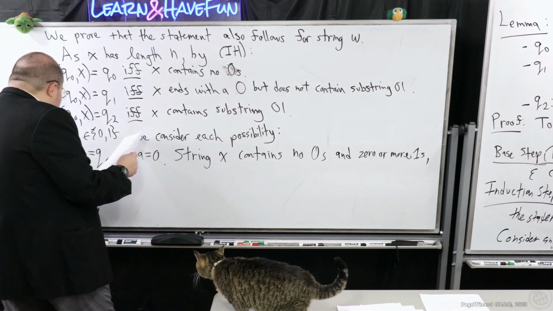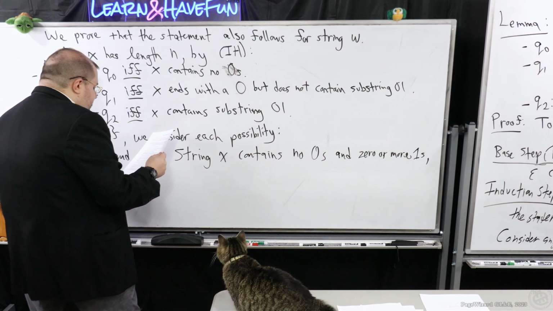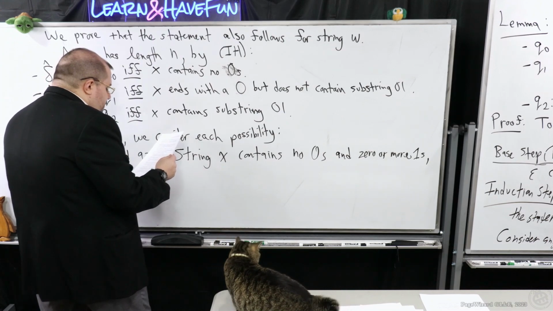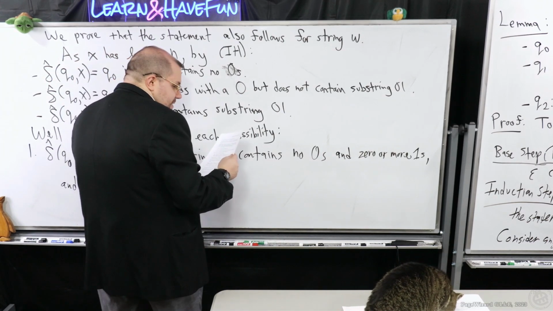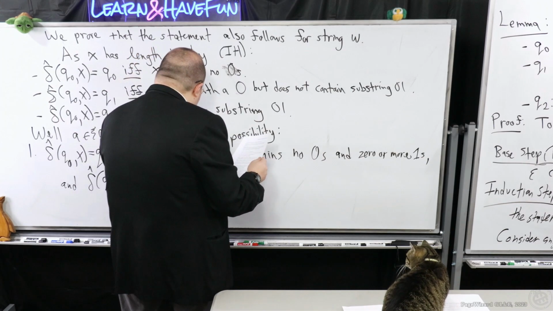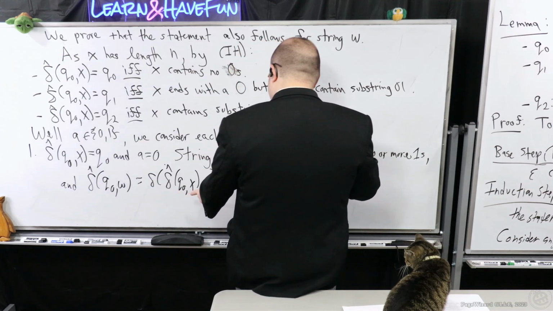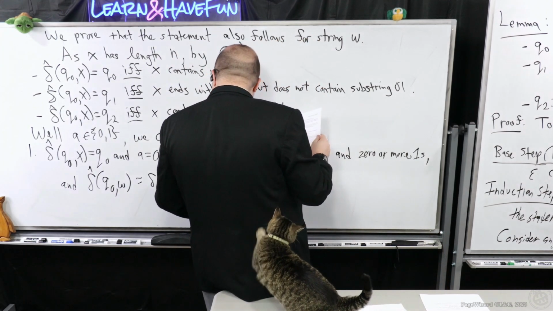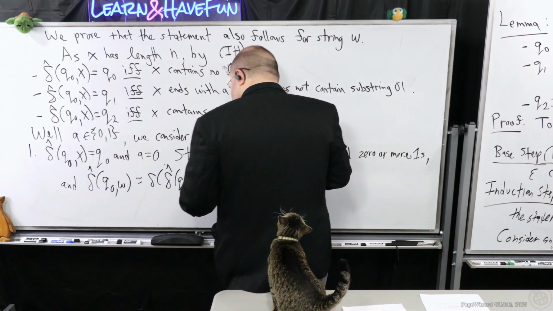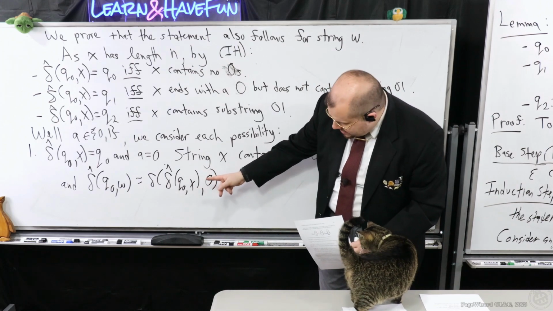And let's apply the extended transition function. It says that delta hat q0 w is equal to delta of delta hat q0 x on symbol 0, right? But what is this? Which state is it?